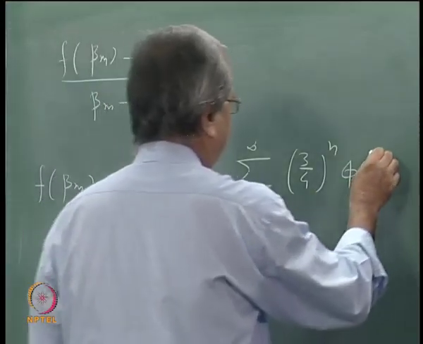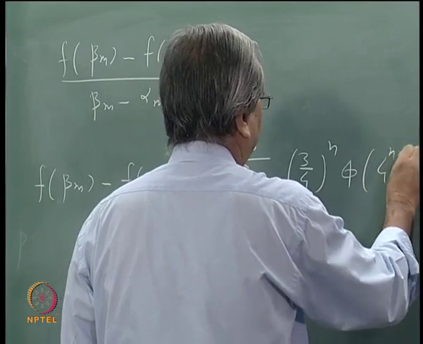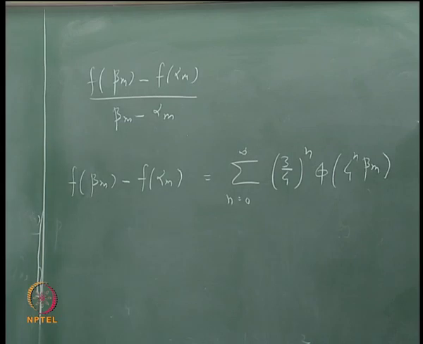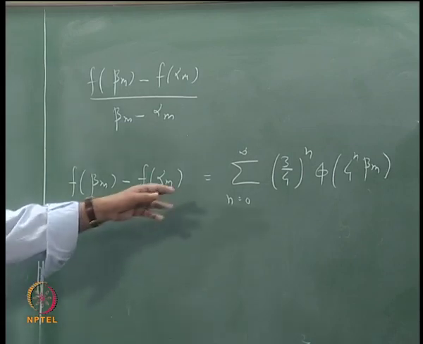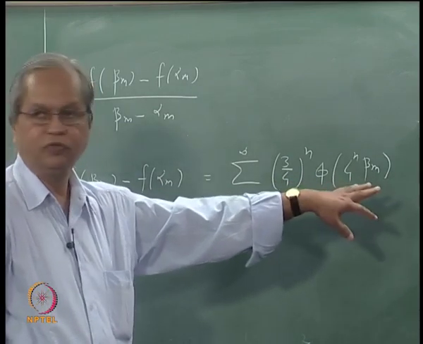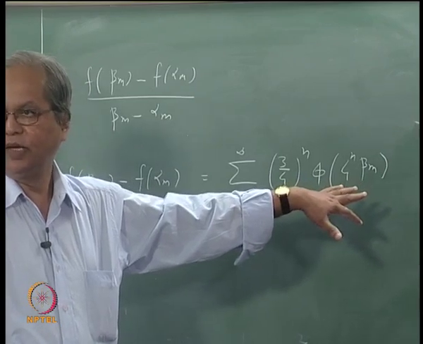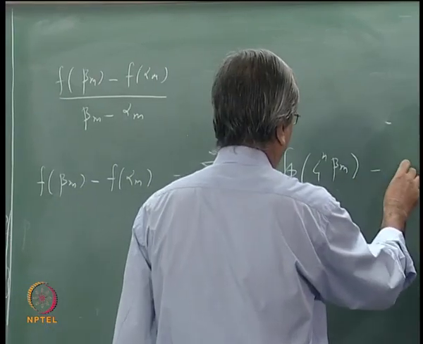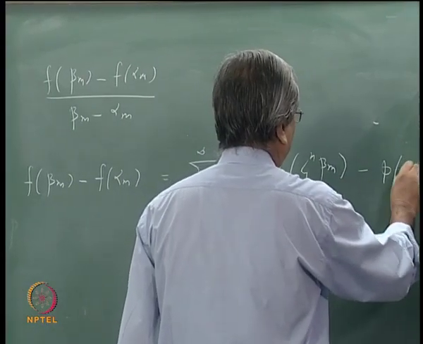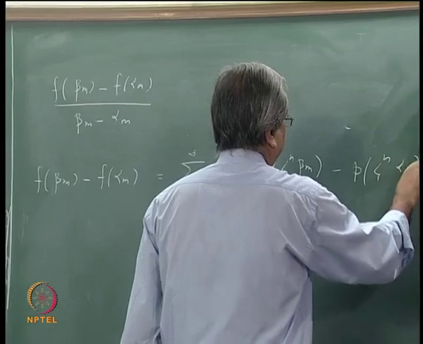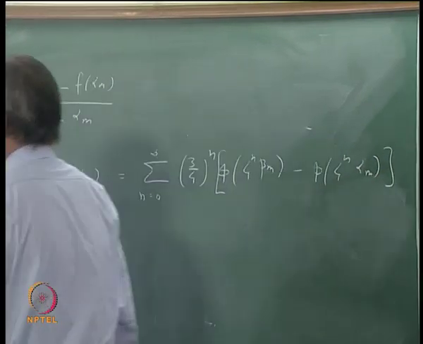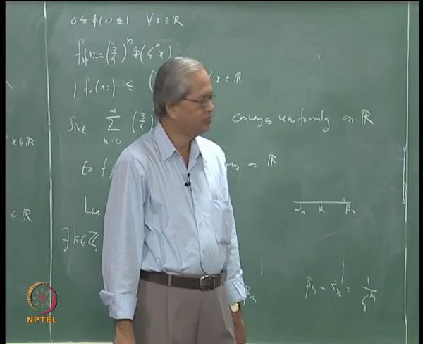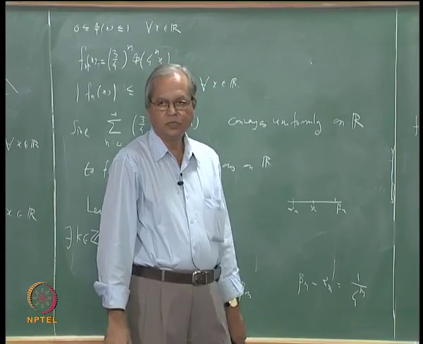And similarly, minus f at alpha m will be similarly minus this times phi of 4 to the power n alpha m. So I will write these things together, minus phi of 4 to the power n alpha m.